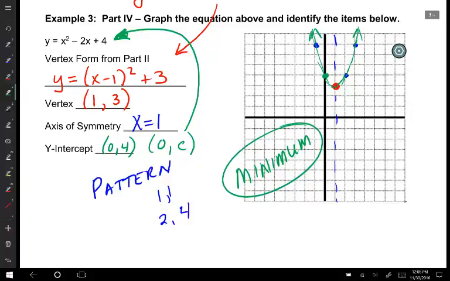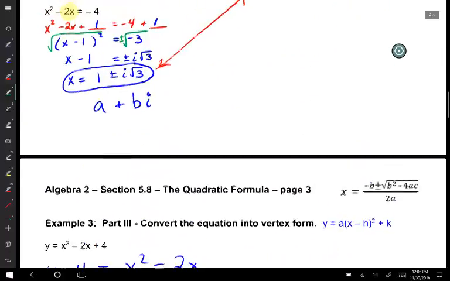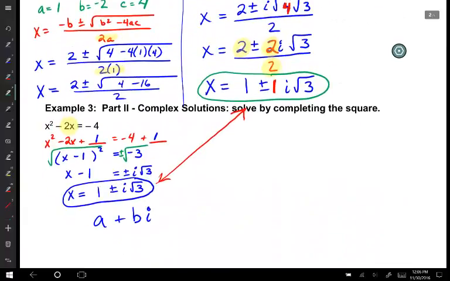Now I have one more that I want you to pull out. Tell me, does that parabola cross the x-axis? It's a rhetorical question. What's the obvious answer? No. Now, I want you to scroll up here and tell me our answer is 1 plus or minus i root 3. That's a complex number.